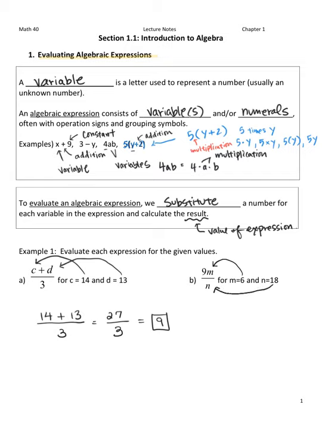Now, what does 9m mean? That means 9 times m, right? So we are multiplying 9 by 6. So 9 times 6 over 18. Okay, so 9 times 6 is 54, and we divide that by 18. So that will be 3. Okay, let's box our answer so that's clear that that's our answer.